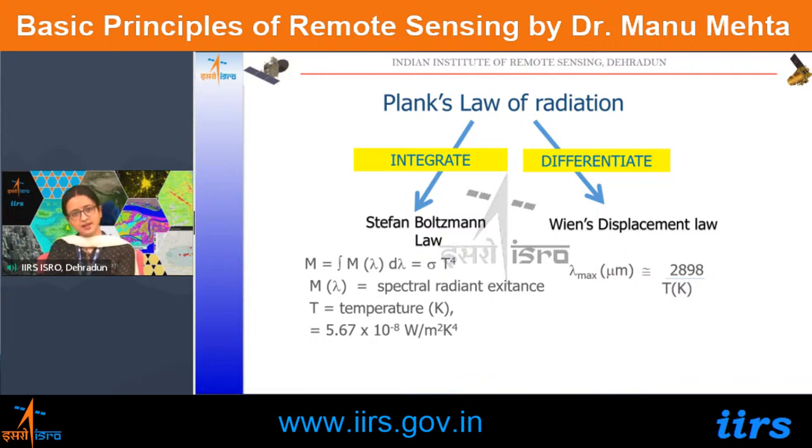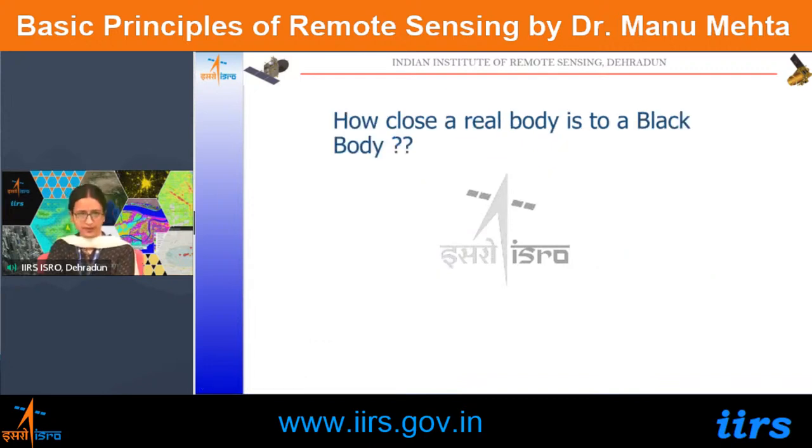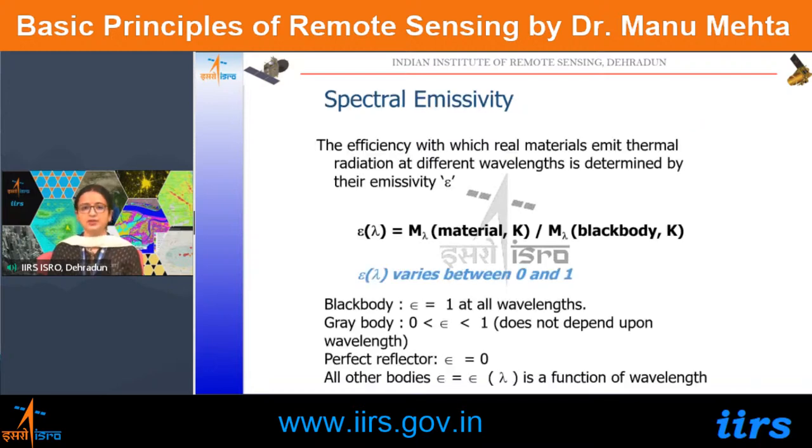But that holds good for a black body, right? But what about the real objects, real sources, real targets? How close is a real body to a black body? To tell this, we have a figure of merit called spectral emissivity. Spectral emissivity is the spectral excitance of the real object divided by the spectral excitance of a black body at the same temperature.